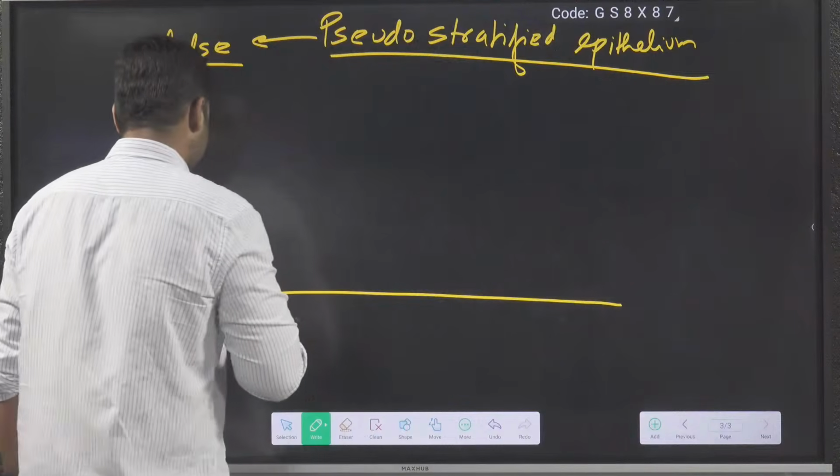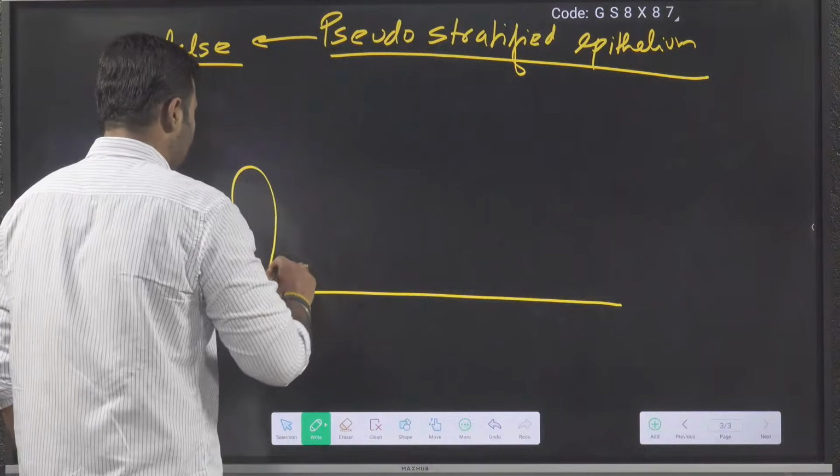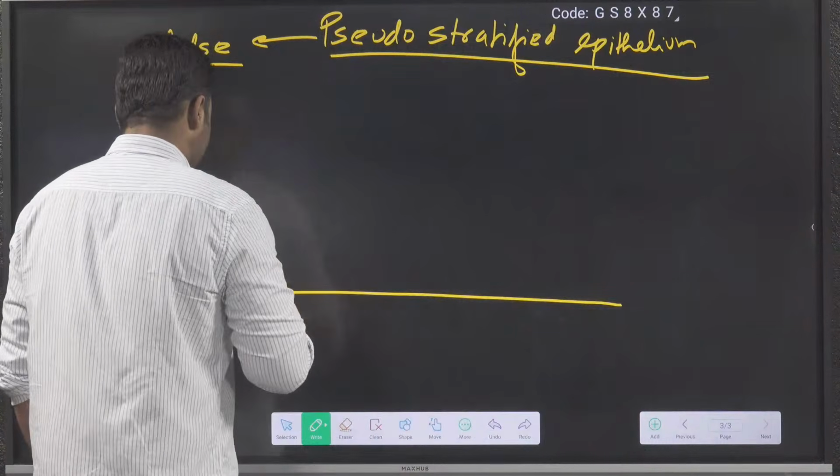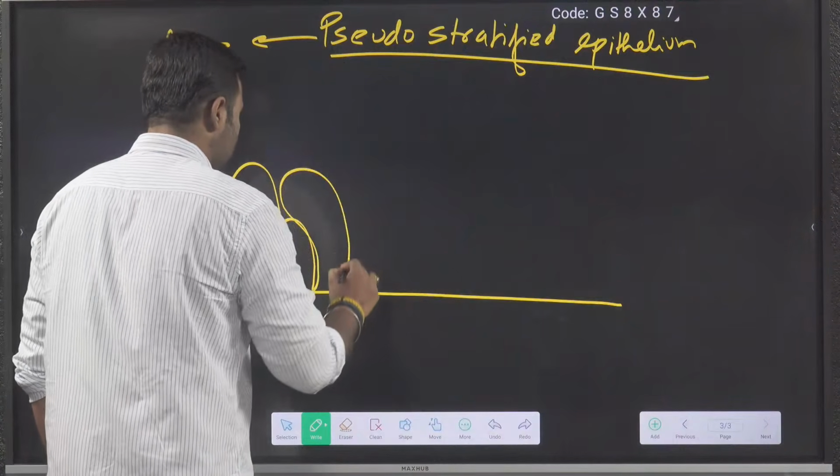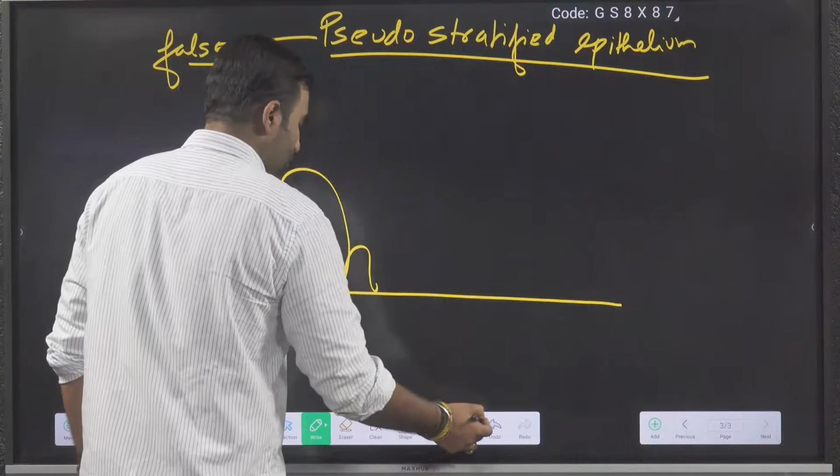So look at this. Some tall columnar cells, some short columnar cells.